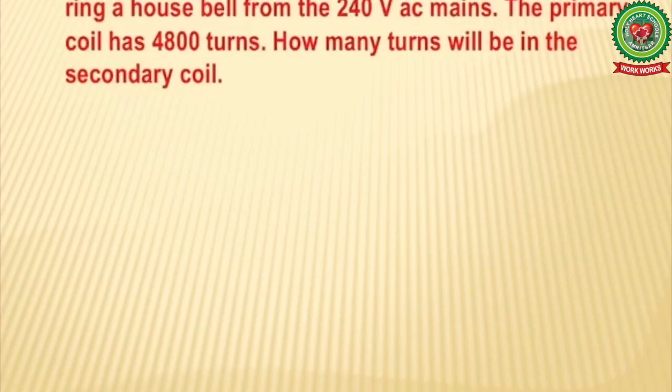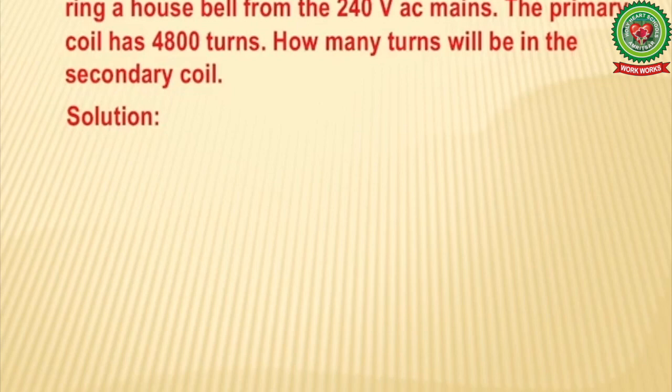Let's move to our next numerical. The statement is, a transformer is designed to give a supply of 8 volt to ring a house bell from the 240 volt AC mains. The primary coil has 4800 turns. How many turns will be in the secondary coil?